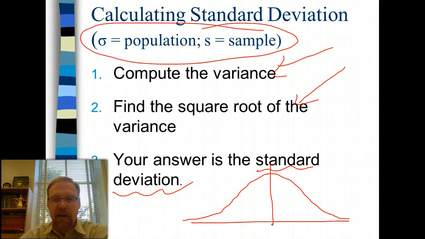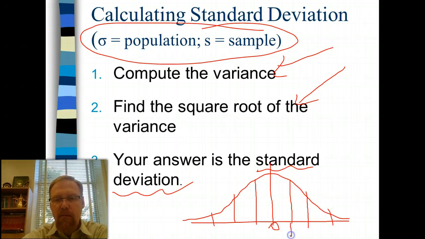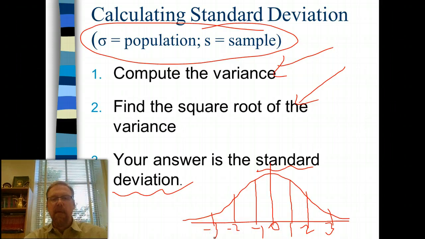So what our standard deviation does when we find the square root of our variance, it gives us a way to think about how far from the mean most of or much of our set of scores lies. So you can think of it this way.